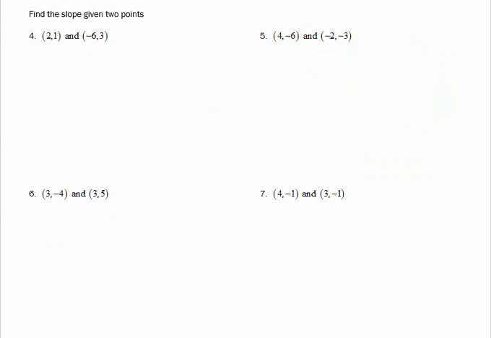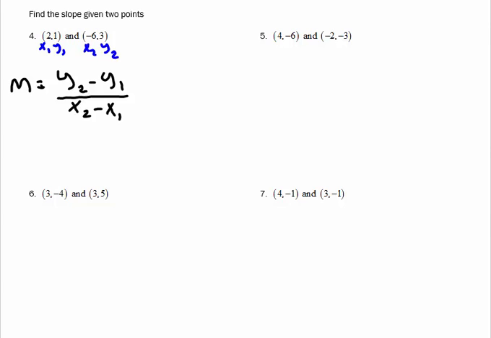Now let's find the slope given 2 points. For number 4, (2, 1) is our first point and (-6, 3) is our second point. I will label these accordingly: x1, y1, x2, y2. So we'll use the formula for slope, which is y2 minus y1 over x2 minus x1.